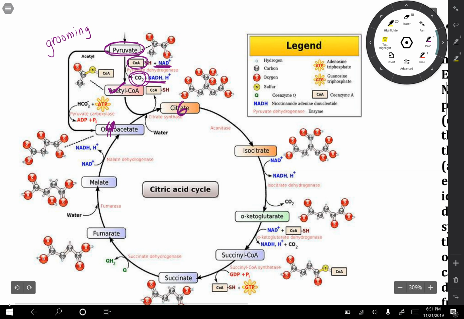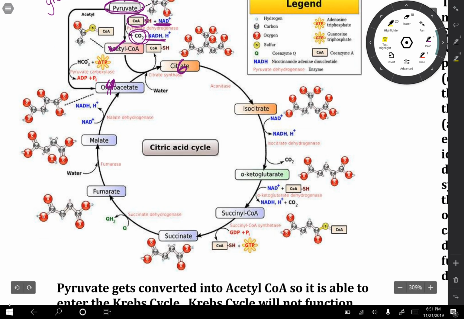Now here's where things get interesting. There are a lot of intermediates. You will not need to know any of them, but here's what you will need to know. Along the way, all of these intermediates are going to be oxidized to form NADH right there, NADH right there, and the other NADH way over here.